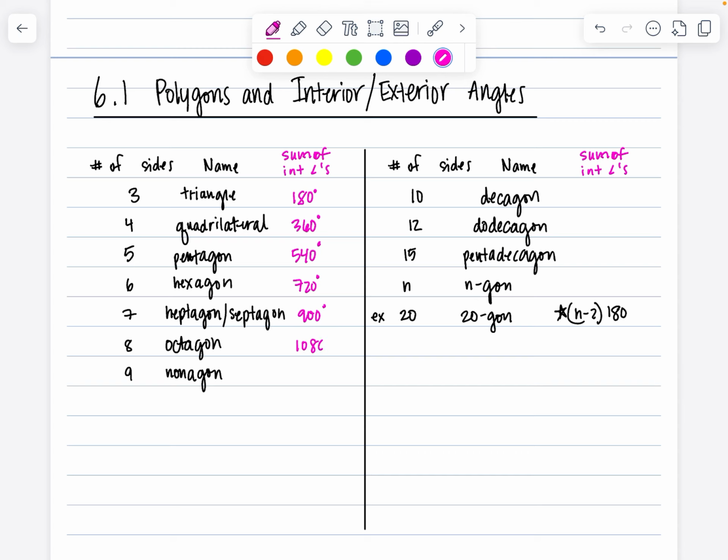The octagon would be 1080 degrees. Nonagon is 1260. Decagon would be 1440. Dodecagon, and we could keep going and going, but you use this formula, number of sides, to solve for the rest, so I'm not going to make you do that.